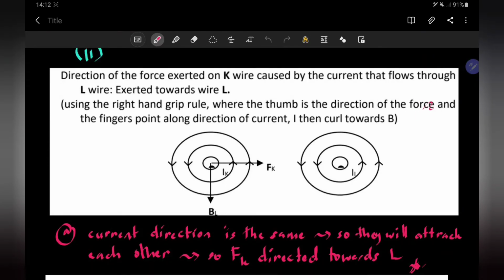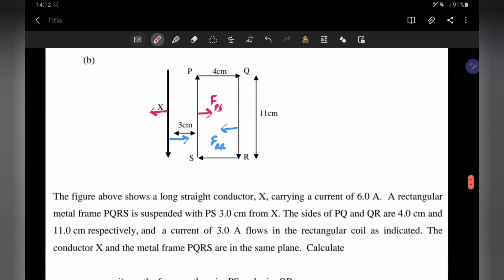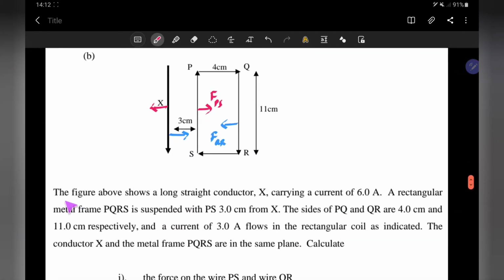Okay guys, so now let's continue with question number 7B. So what do we have now? The figure above shows a long straight conductor, which is X. So this is our straight conductor carrying a current of 6 amperes. So the current through this cable or conductor is 6 amperes.